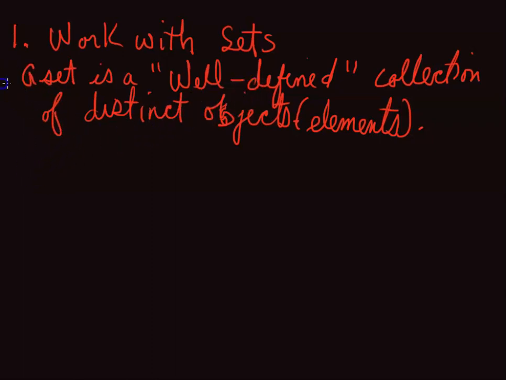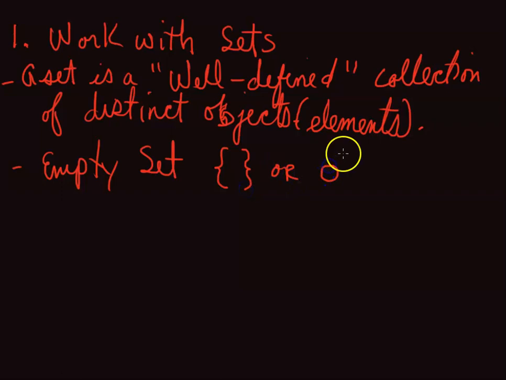What is an empty set? That's a set that contains nothing, no elements. It can be written 2 different ways: braces that have nothing in it, or a 0 with a slash through it.